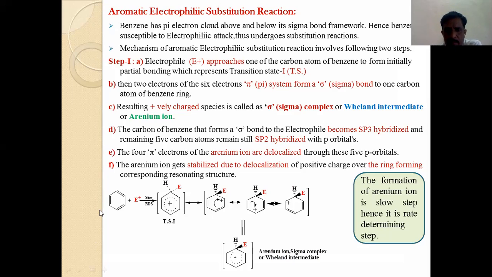In the first step, or step A, the electrophile has a positive charge and benzene acts as a good source of electrons, having a pi electron cloud at the upper side as well as the lower side, as I discussed in the last lecture also. As the electrophile becomes closer to this pi electron cloud, this positively charged species approaches a carbon atom of the benzene molecule.